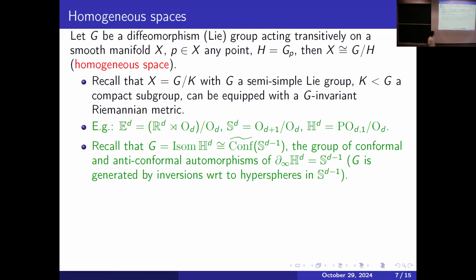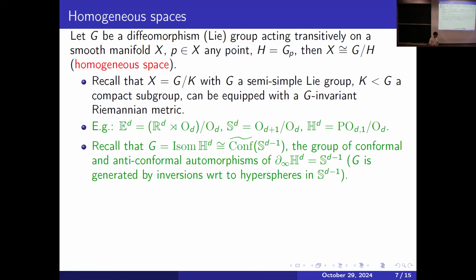Okay, then another example of how one can use this homogeneous spaces technique is the following. We remember that G, the full isometry group of the hyperbolic space, is generated by reflections in hyperplanes in the hyperbolic space.